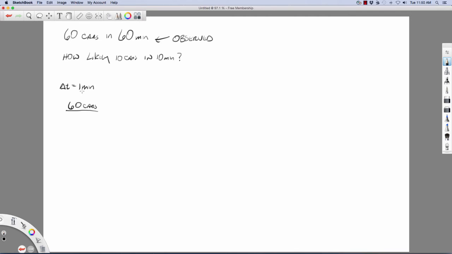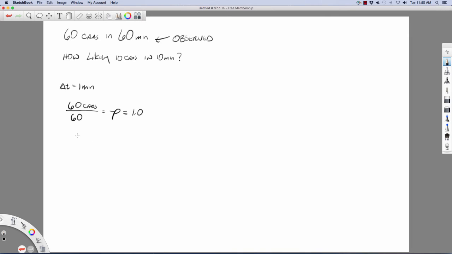Delta t being 1 minute, in 60 minutes there's 60 intervals. So therefore, what this ratio shows us is the probability is equal to 100% probability that in the given interval a car will be making a turn.